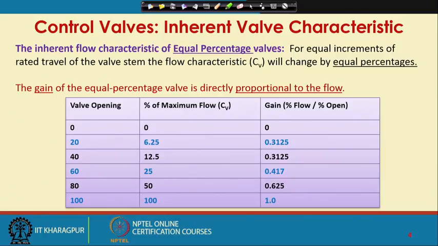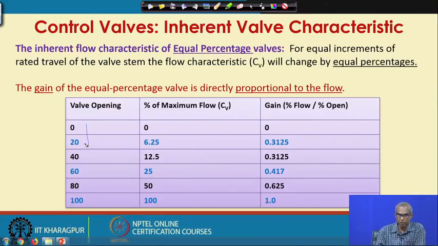So, basically the flow will change by equal percentages for equal increments of the travel of the valve stem. So, if you look at here, when the valve opening goes from 0 to 20, an increment of 20, the percentage of maximum flow changes from 0 to 6.25.